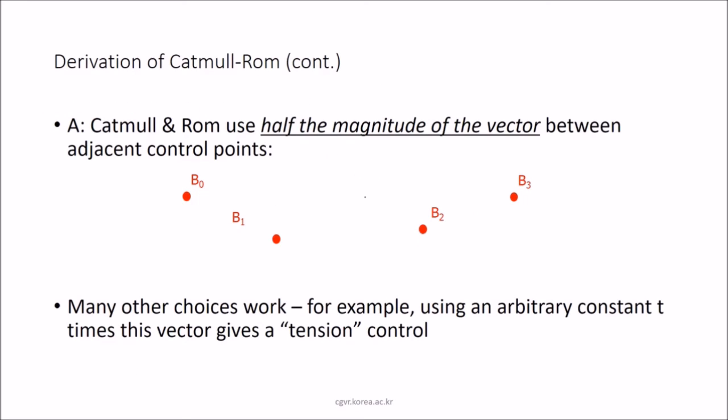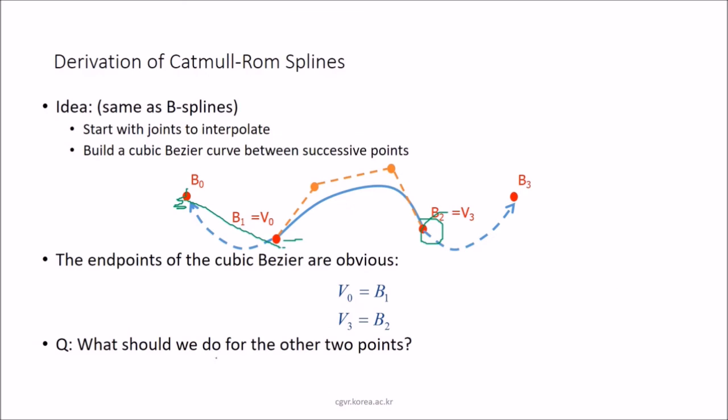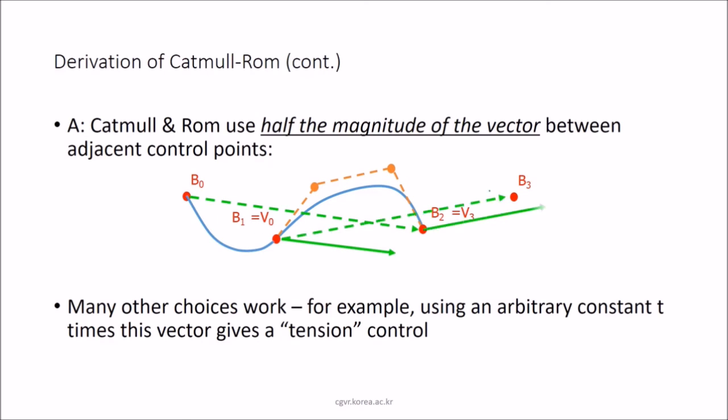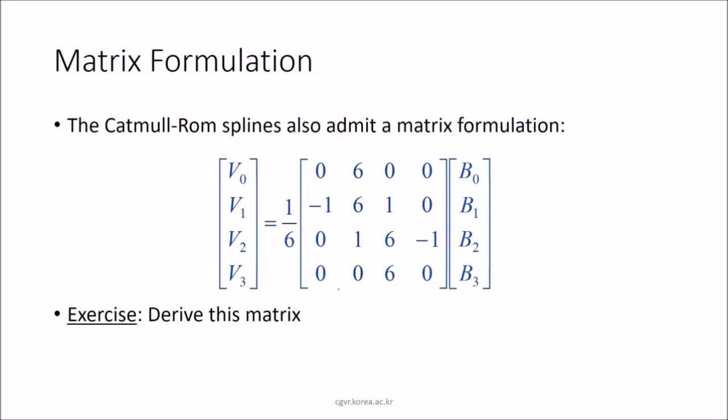If we ask what we should do for the other 2 points, Catmull-Rom uses half the magnitude of the vector between adjacent control points like this. Many other choices work. For example, using an arbitrary constant t times this vector gives a tension control.